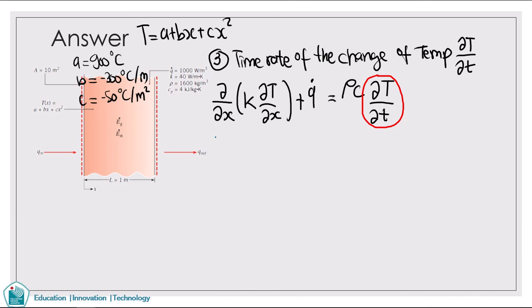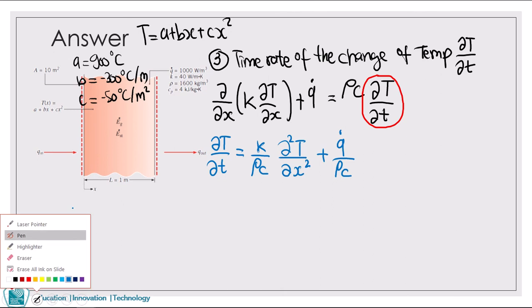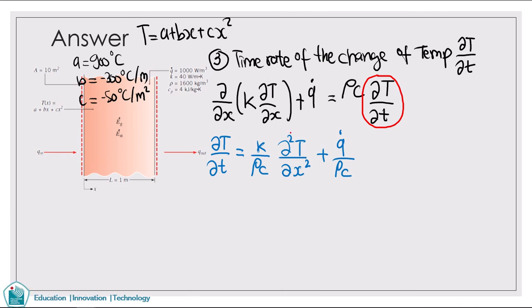So we rearrange this equation into this one, equal to K over rho C, second derivative of T, plus Q dot over rho C. Okay, this term means this temperature distribution is derived twice, or second derivative.